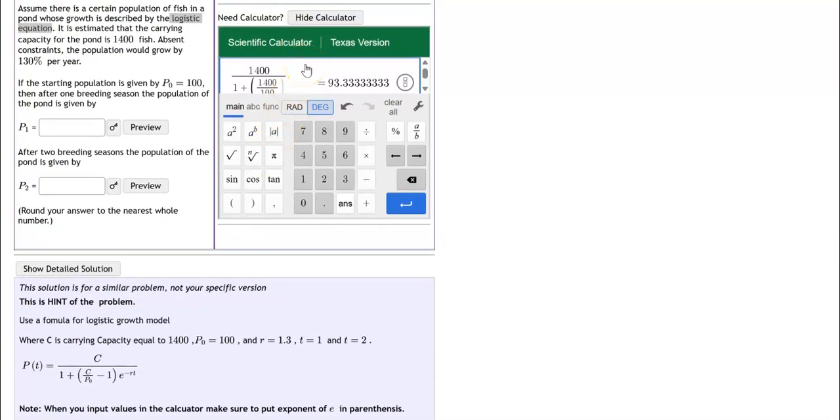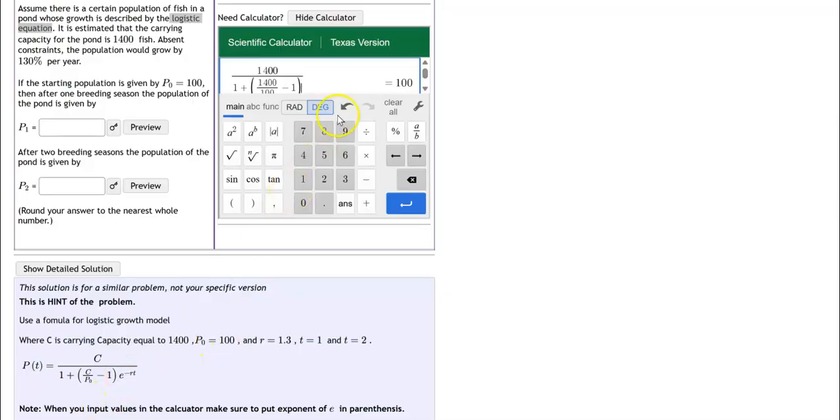And you use this arrow to put the cursor in the middle, so put minus 1, and remember to close the parenthesis, and you type e.